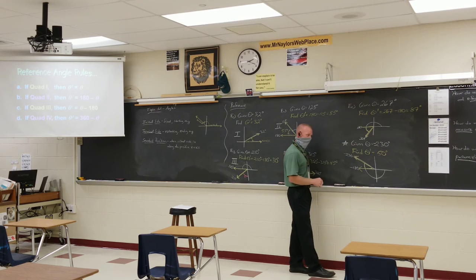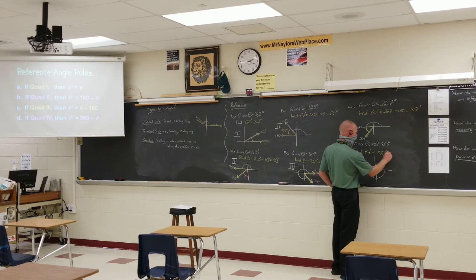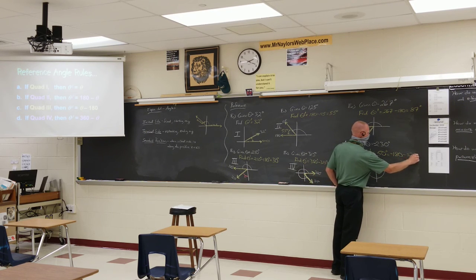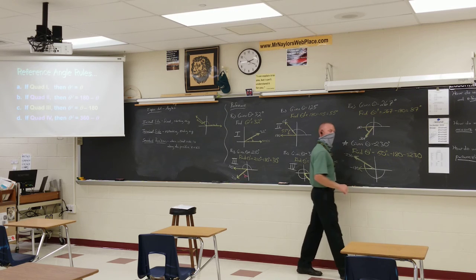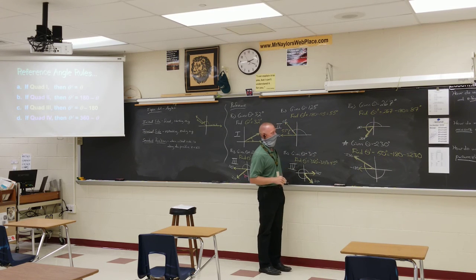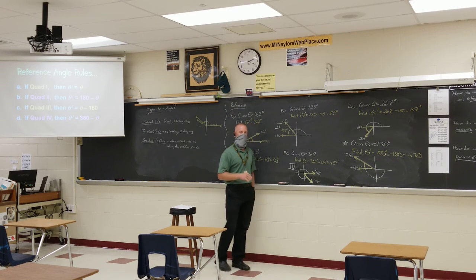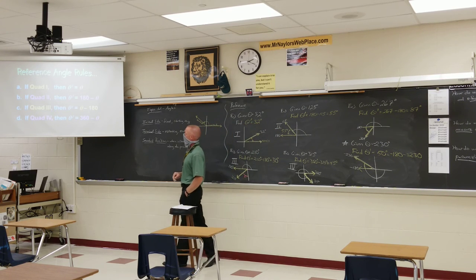I could do it with the negatives. I just have to be really careful, because if I do it with the negatives, it's negative 180 minus negative 230. And that, of course, by rules of double negatives, is also going to come out to be 50.